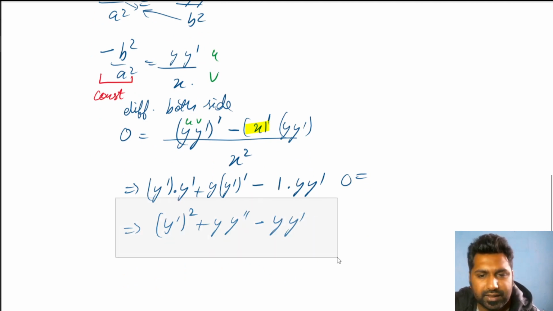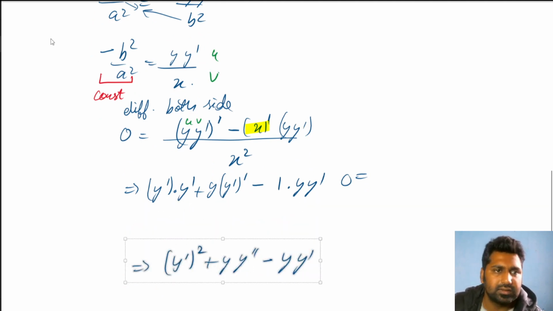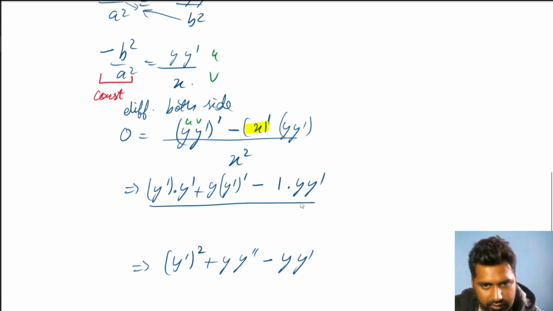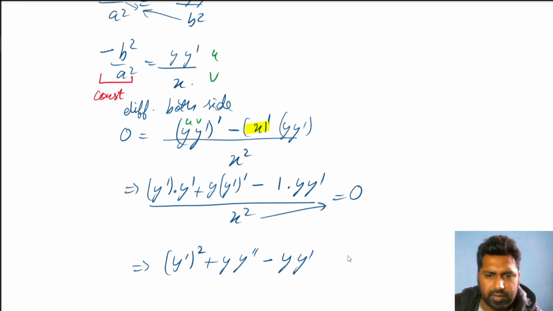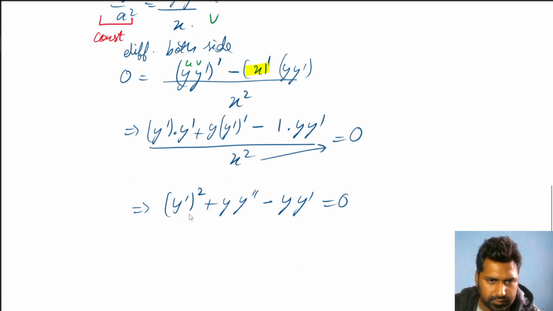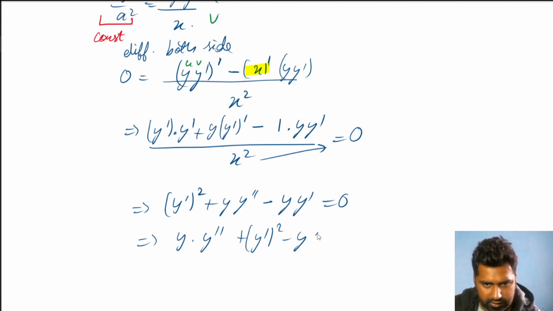But that won't make any difference, the reason being, if we take this to the other side, it becomes 0, so it doesn't really matter. You got this as an equation. This is y into y double dash, writing the double derivative first, then y dash whole square minus y dash is equal to 0. There is no x.